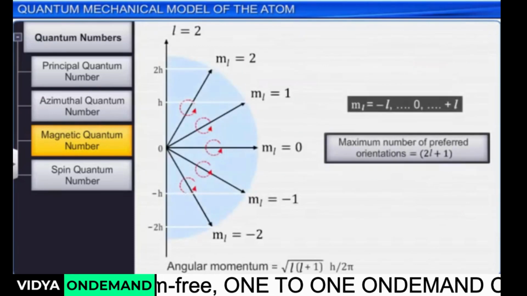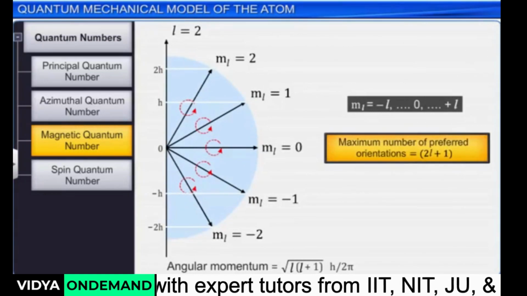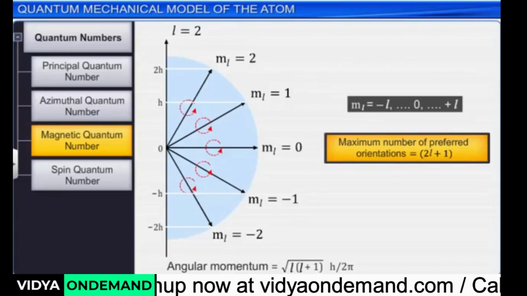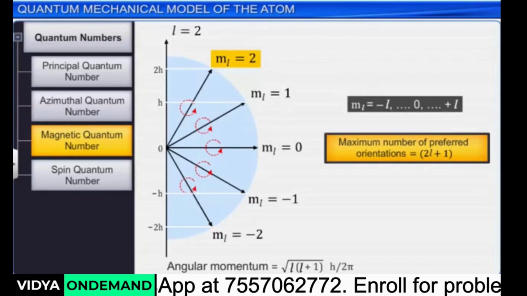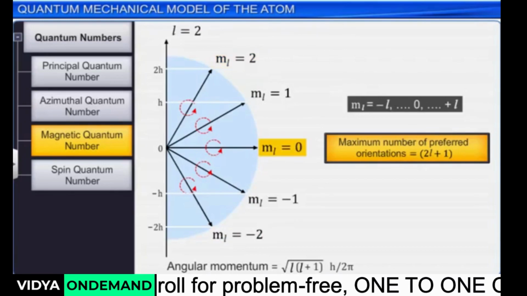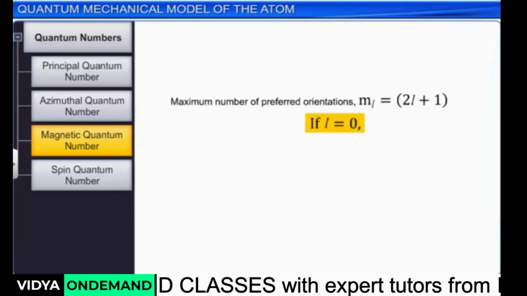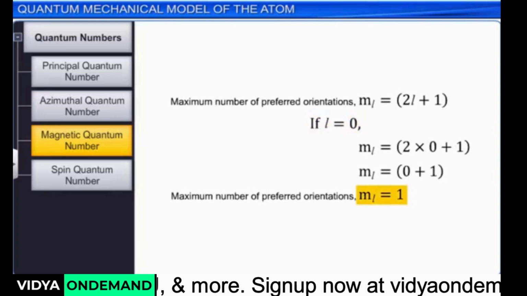For a subshell, there can be a maximum of 2l + 1 preferred orientations or orbitals with values ranging from -l to +l, including 0. Hence, for l equal to 0, the number of preferred orientations is equal to 1.